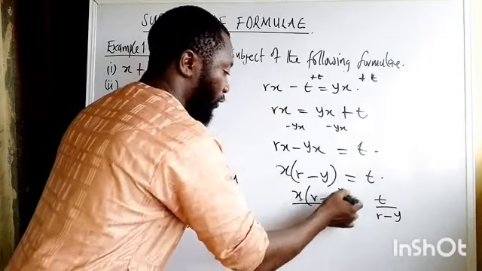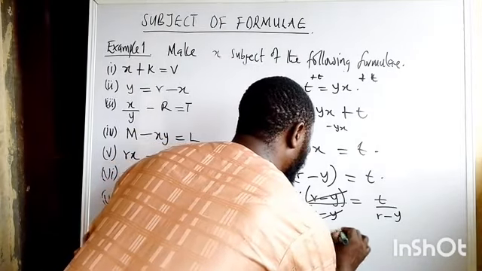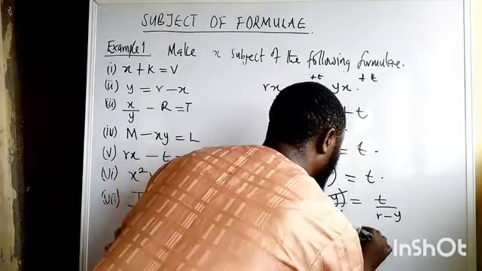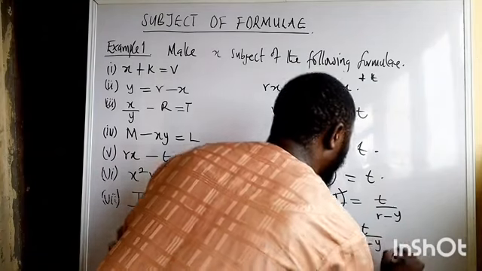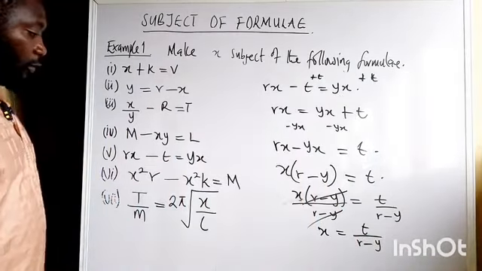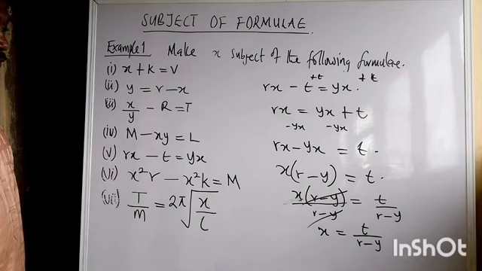So this r minus y cancels, and we have x equals t divided by r minus y. And that is just the end of this question.